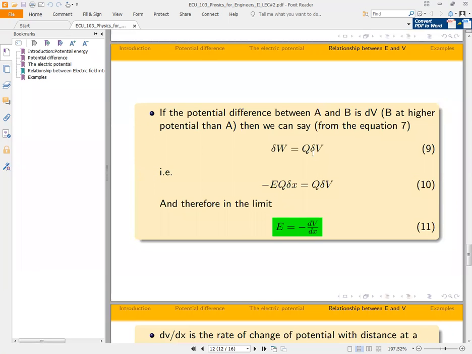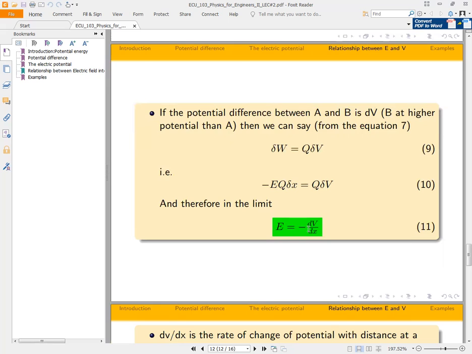On the right hand side, you simply have Q delta V. So you have formed an equation where you can cancel the Q, and when you cancel the Q's, you will have that the electric field intensity is given by negative dV/dx.